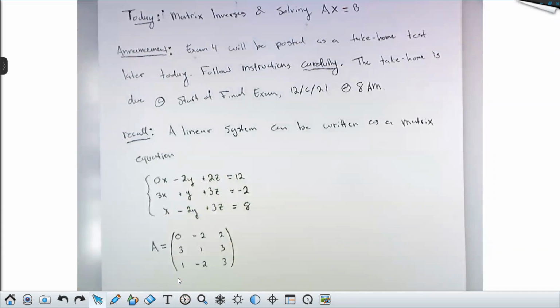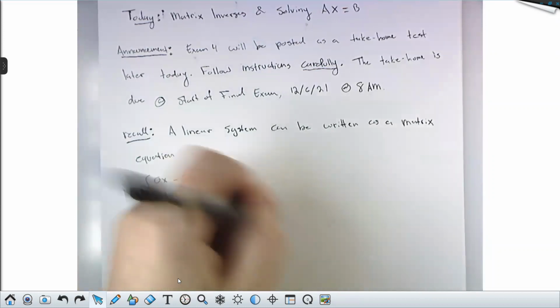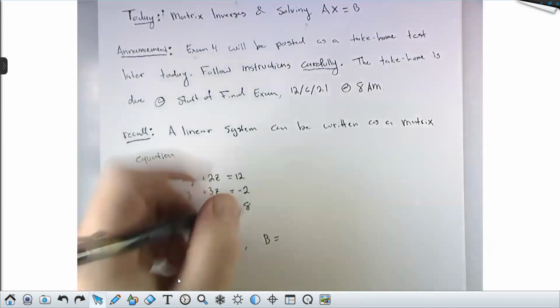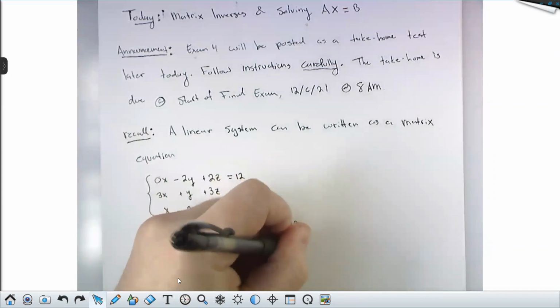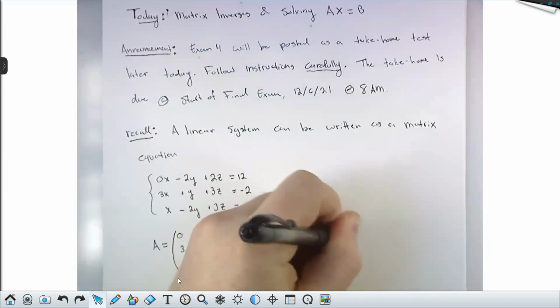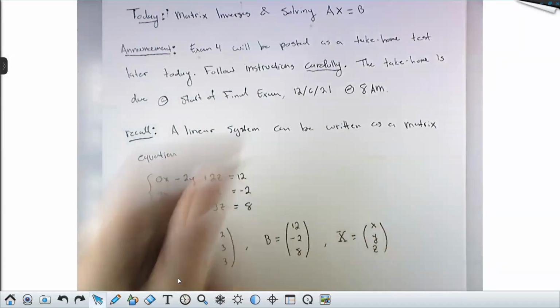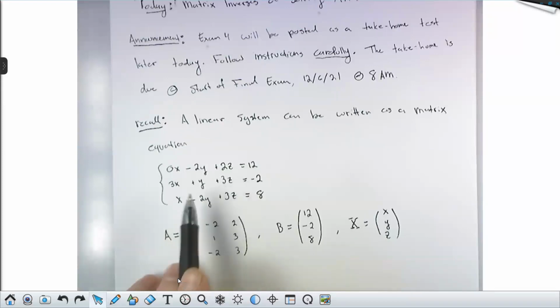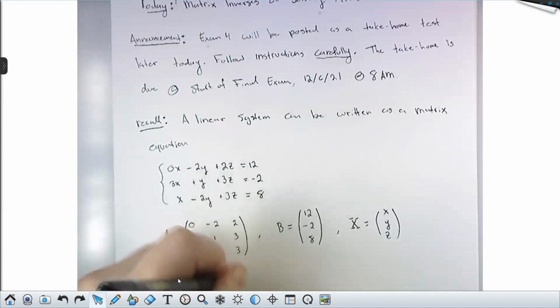I can write this, and then choosing B as the right-hand side, a column, 12, -2, 8. And letting X be the column of the variables I'm trying to solve for, x, y, z, I can rewrite this system as the matrix equation A times X equals B.